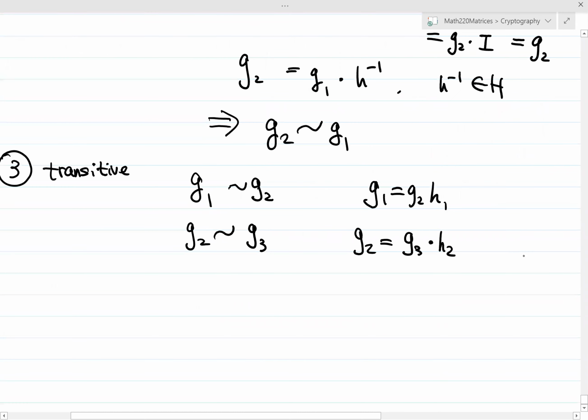Here h1 and h2 are in the group H. Now you see we get a relation by substituting g2, then we get g3 times h2 times h1. Now use the associative relation.